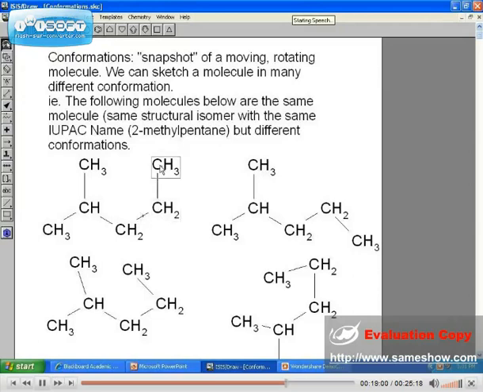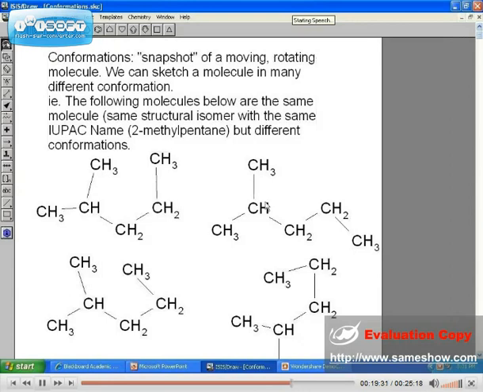If this is rotating, then it will go around and around and around. Now, all of these bonds are constantly rotating, so these are all simultaneously rotating at the same time. So what this means to you is there's more than one way to write the same structural isomer.